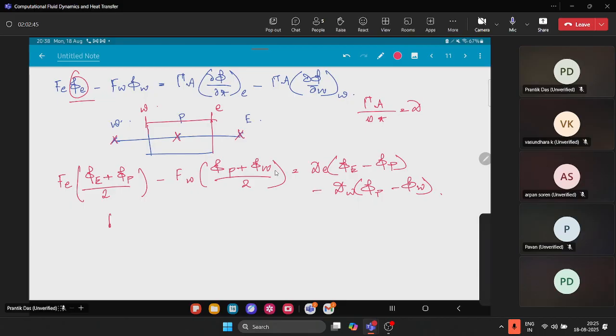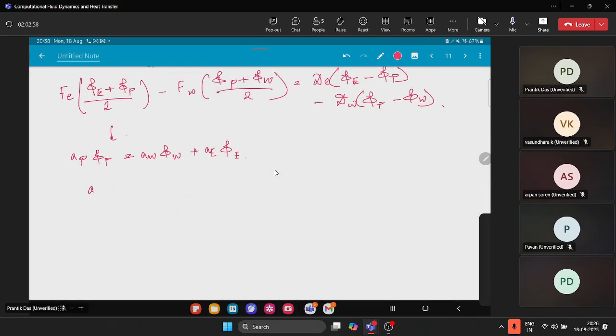This whole thing can be written in this format: AP phi P equals AW phi W plus AE phi E, where AW is equal to DW plus FW divided by 2, AE is equal to DE minus FE divided by 2. Okay, and AP is equal to AW plus AE plus FE minus FW.